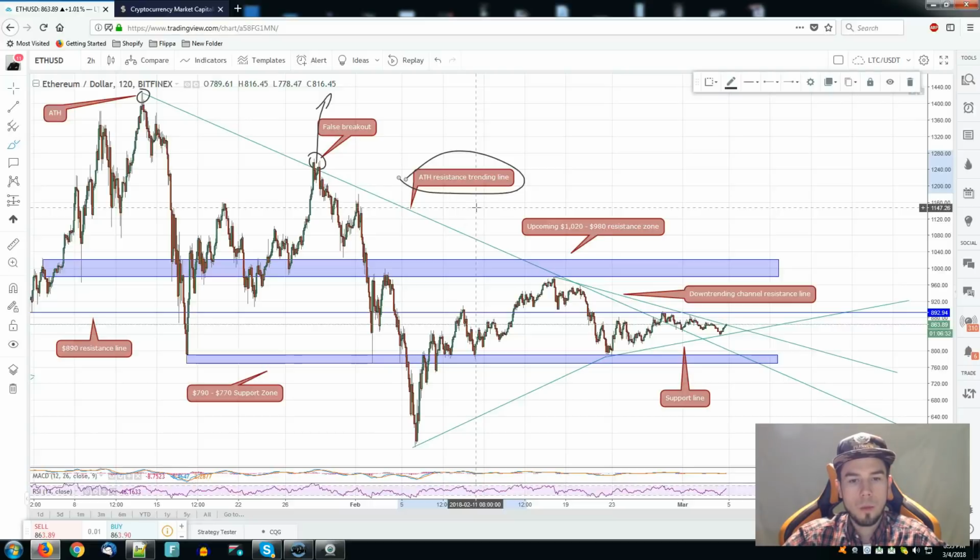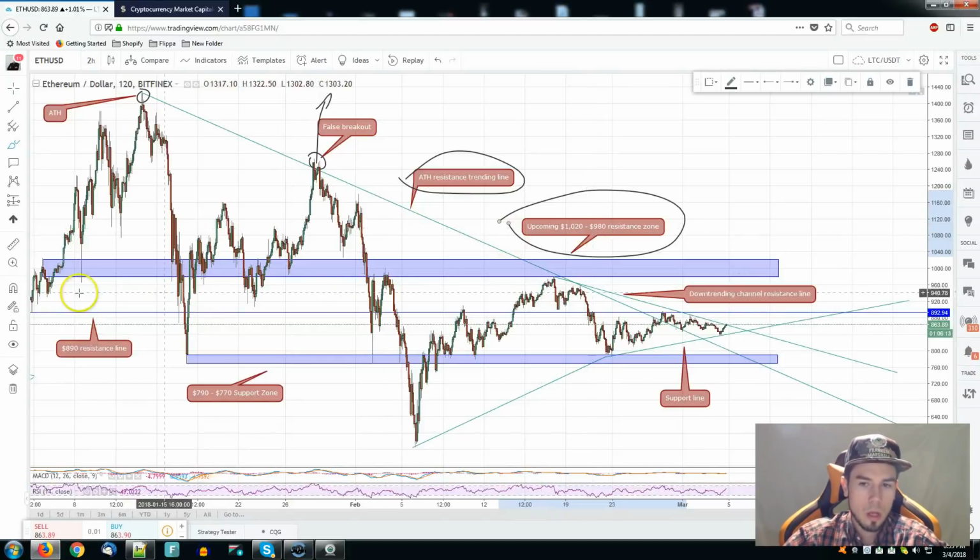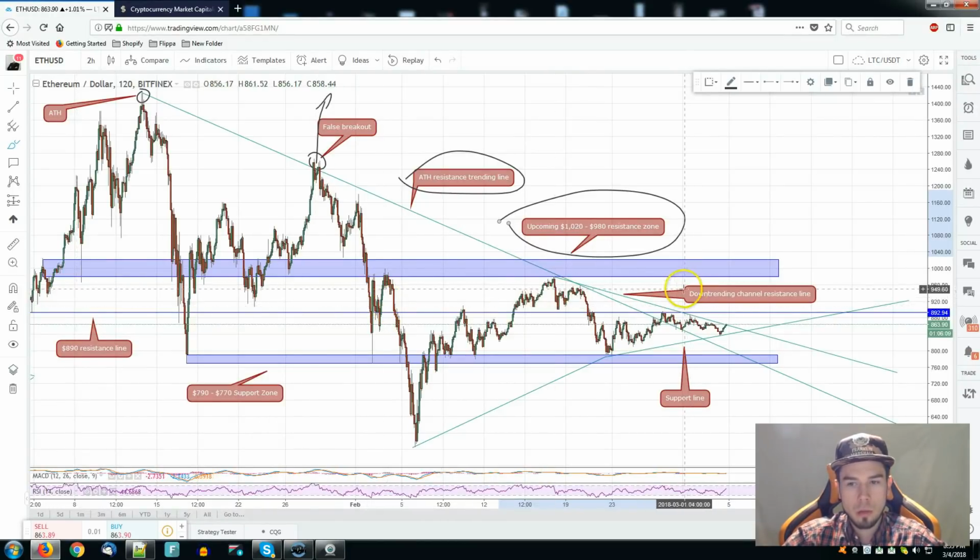Another thing I'd like to share here is the resistance zone between 980 and 1,020 bucks that we're going to face very soon, as soon as we reach there and break out of everything that we have just slightly above us right now. One of the things we have there is the downtrending channel resistance line, this one right here, which starts from here within this downtrend.